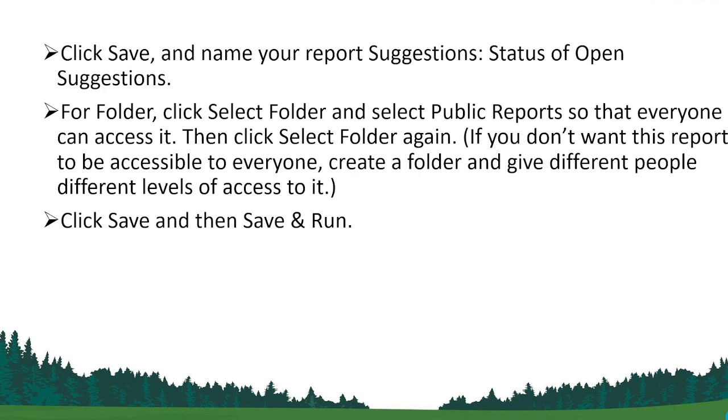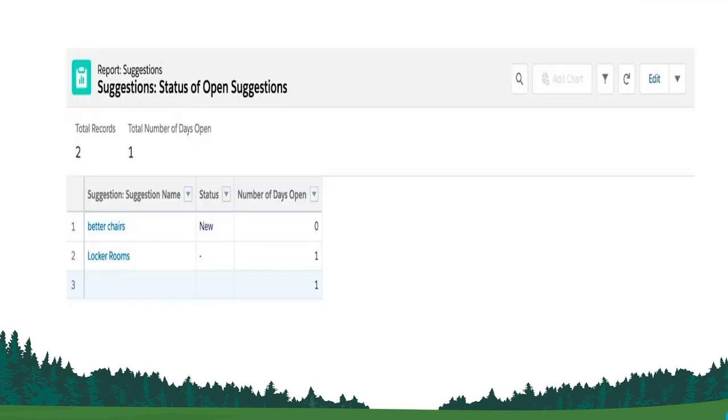So this report will be accessible to all the people, and every person has the access to change, to create a folder inside a folder, or to create new reports, and then you can save and run your report. These are the suggestions and the status of open suggestions.